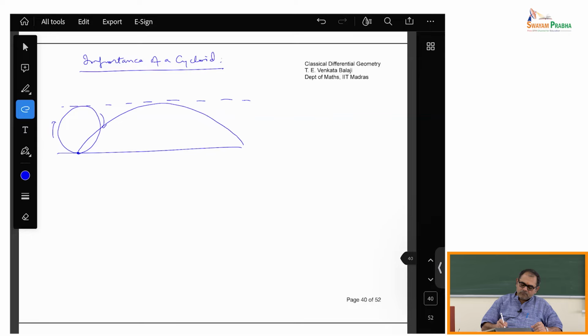I'll end up with a curve like this, and at this point you will have the maximum height of the curve, and that will correspond to this point P moving all the way to the other vertical end.